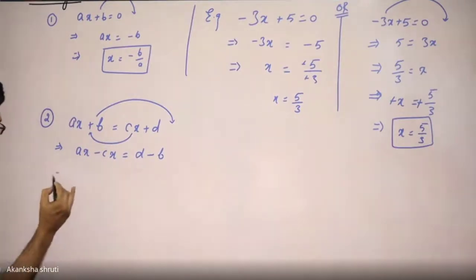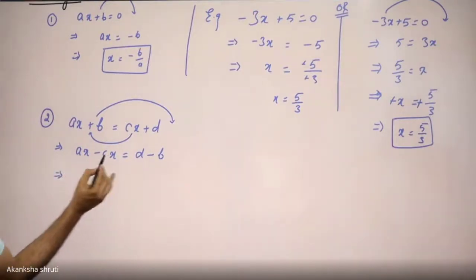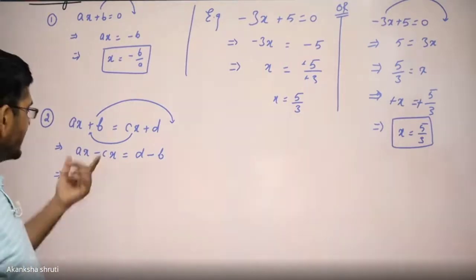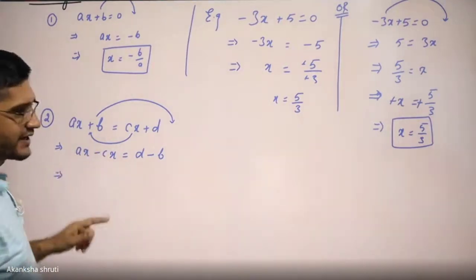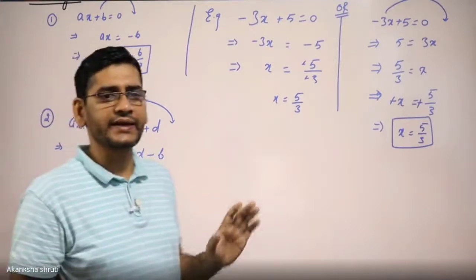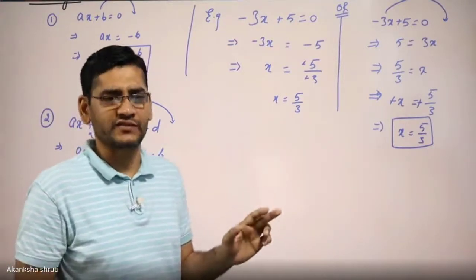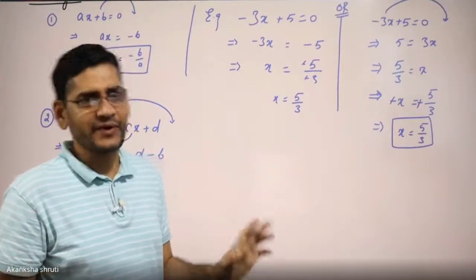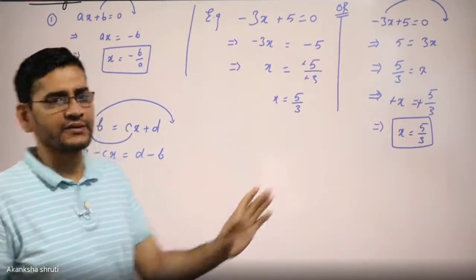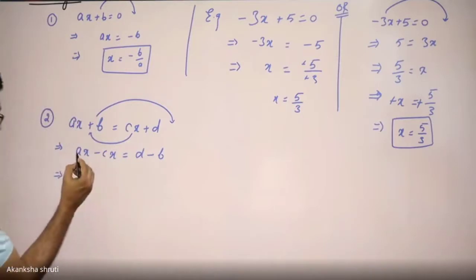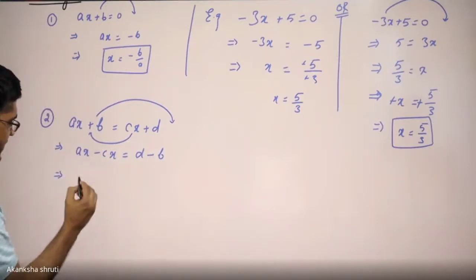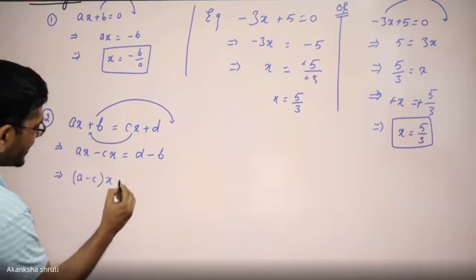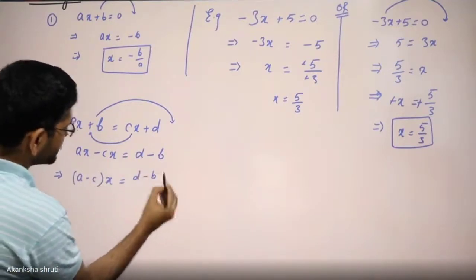Now students, both are like terms containing x. So x will be there, only their numbers will get subtracted. Like if we are taking 5x minus 2x, what is the answer? It is 3x. Simply 2 is subtracted from 5 and x will remain as it is. Therefore, here we can say, this is a minus c into x equals d minus b.